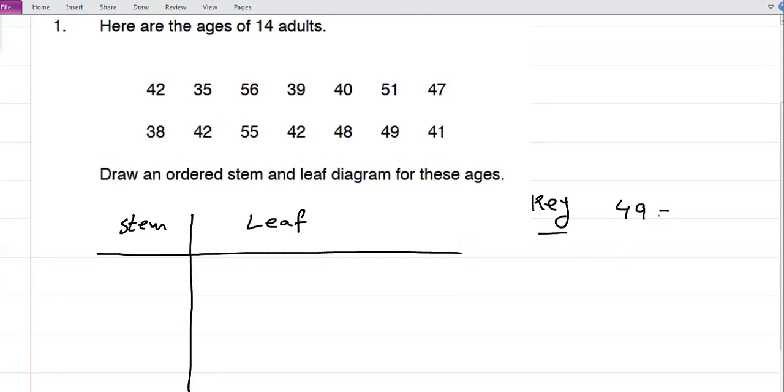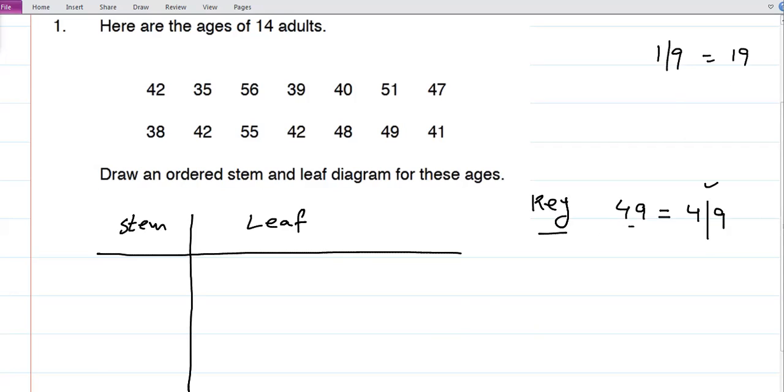In the stem and leaf, you will make the stem 4 and the leaf 9, with a line between them. It will stand for 49. Similarly, 1 and 9 would stand for 19. So in general, you write the key like this.